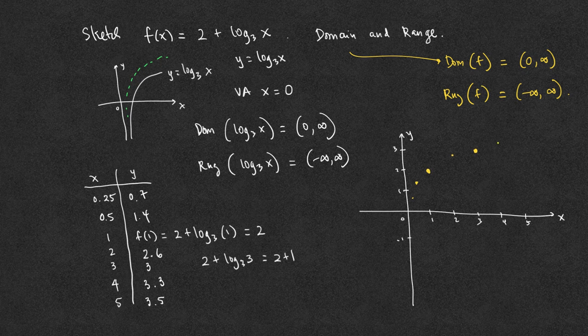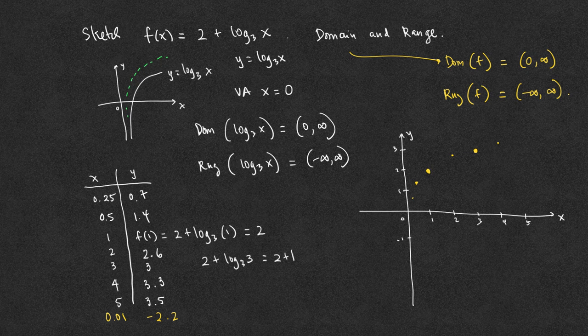What happens when we plug in x equals 0.1? Then we'll get a negative number, and when we plug in 0.01, the y value is negative 2.2. And so we might not be able to plot that point because it is too close to 0.